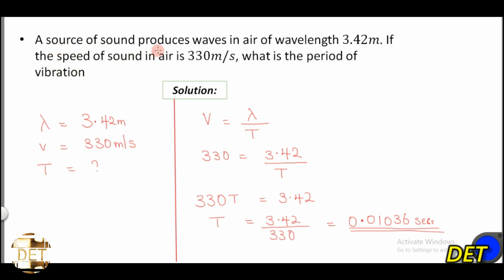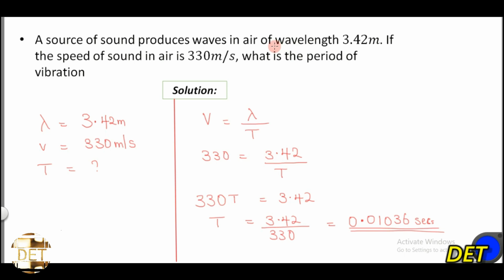A source of sound produces waves in air of wavelength 3.42 meters. If the speed of the sound in air is 330 meters per second, what is the period of vibration? Again, I read: a source of sound produces a wave in air of wavelength 3.42. So the first thing that you want to do is to fish out your parameters, right?